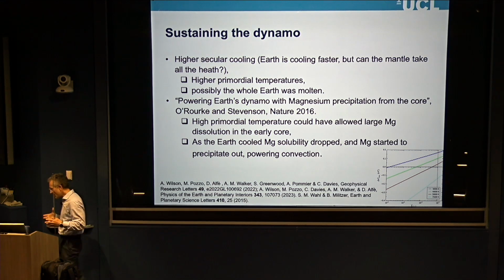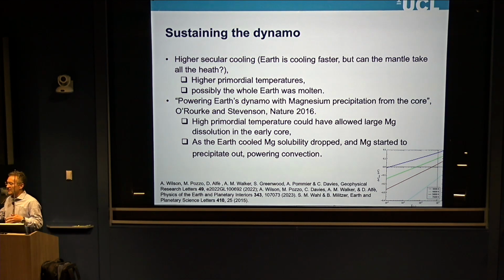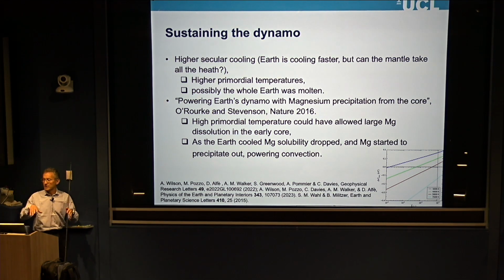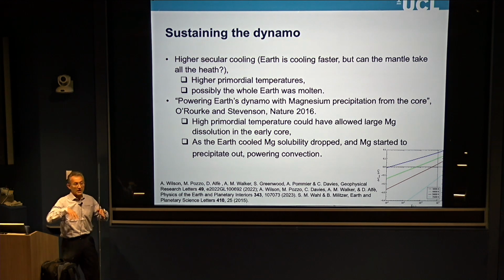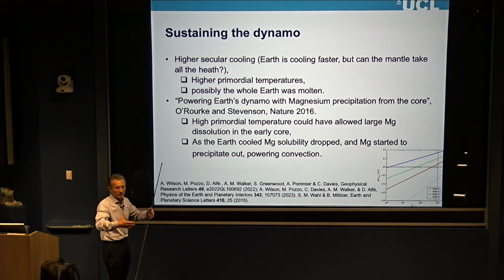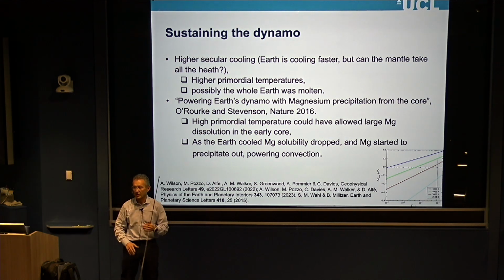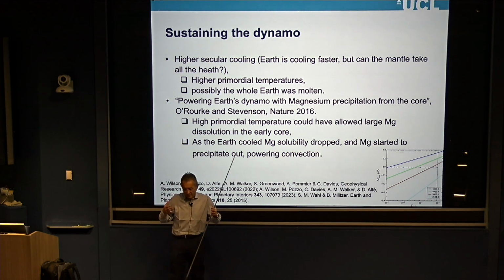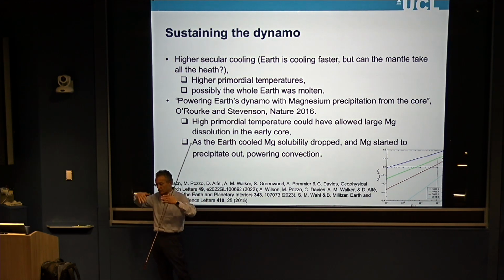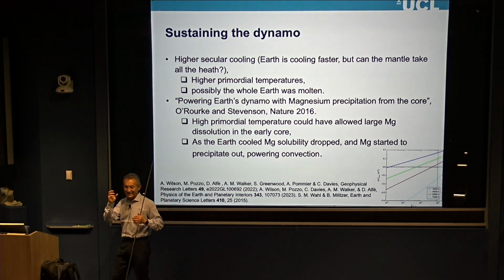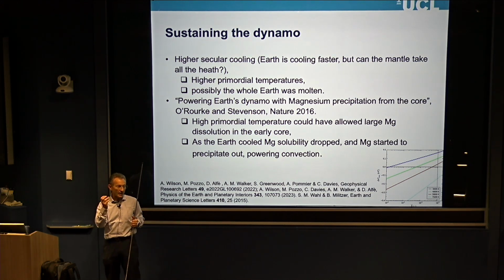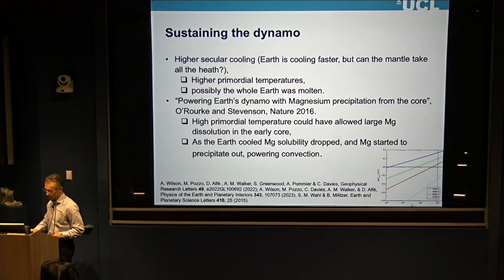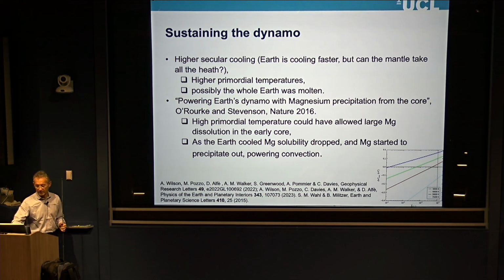And then as the temperature dropped, the solubility dropped, and so this magnesium oxide started to exsolve, to drop out of the solution. Then, since it is light, it would rise towards the mantle, and it would leave a dense iron layer that would sink to the bottom. And this would drive convection.